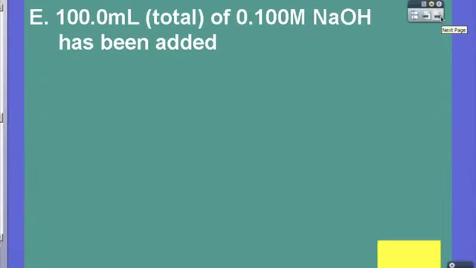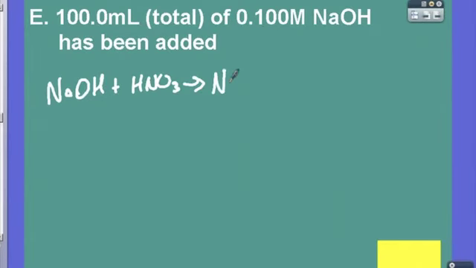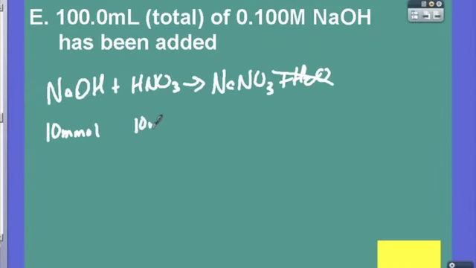Okay, now we have 100 milliliters of sodium hydroxide. So go ahead and set up your table. We have sodium hydroxide plus our nitric acid yields sodium nitrate and water. We have 10 millimoles of each of them now. So it's going to be minus 10, plus 10.